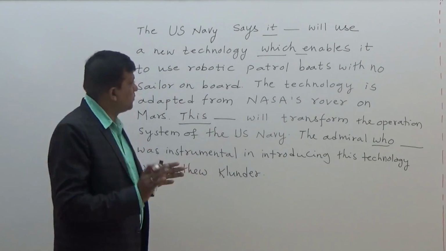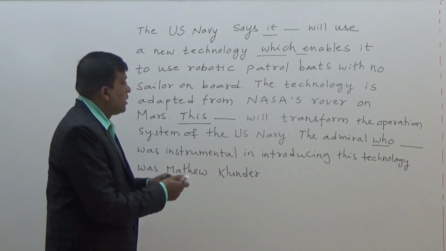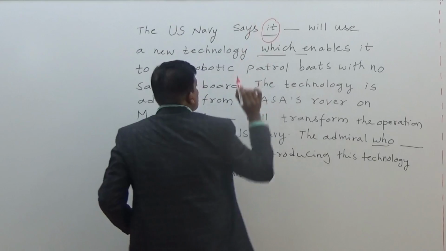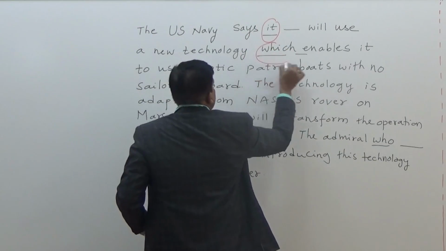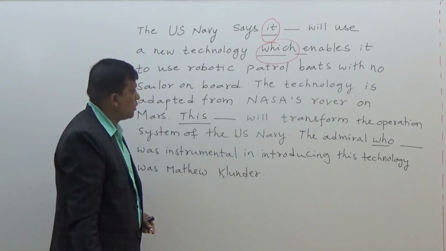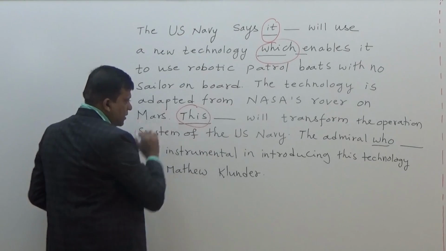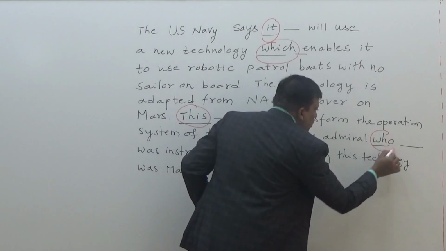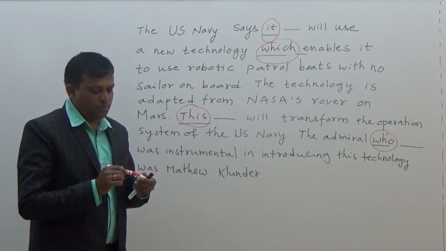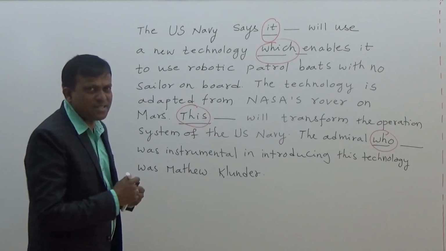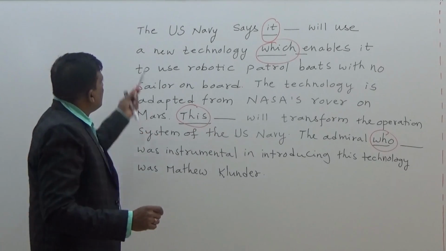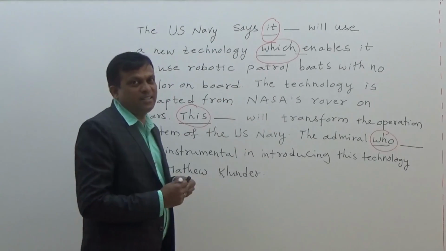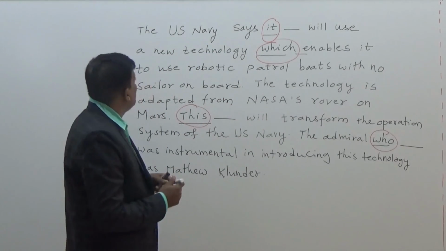Very simple one. Now, what is our job here is to identify what this it refers to, what this which refers to, what this refers to, then what this pronoun who refers to. Let us just read it once again. The US Navy says it dash will use.